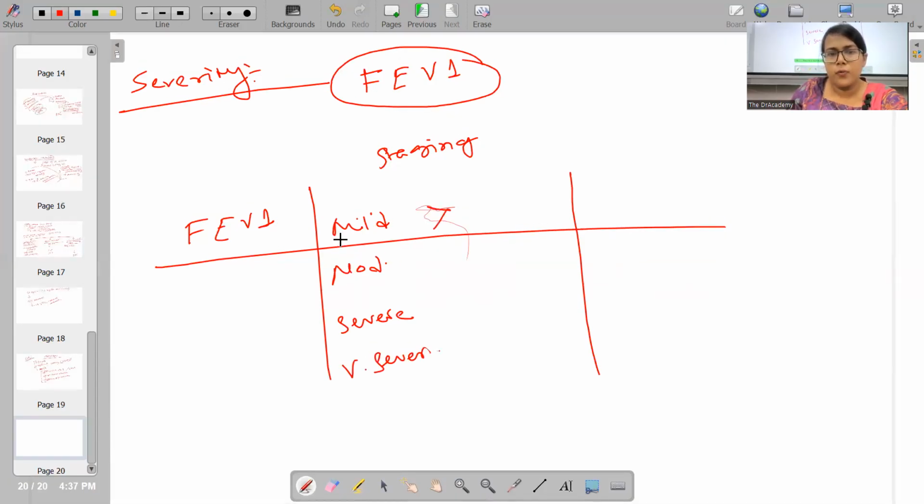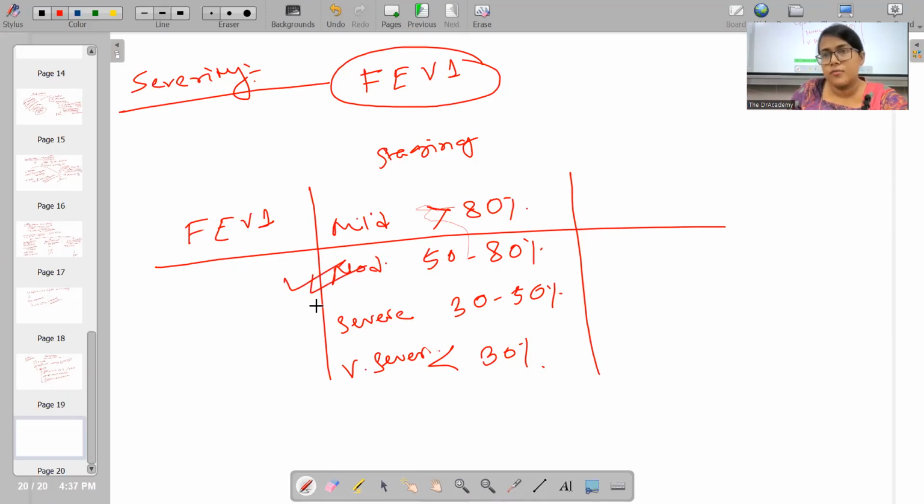Mild is when the FEV1 is more than 80% of the predicted value. Very severe is less than 30%. Severe is 30 to 50%, and moderate is 50 to 80%. And you can expect a lot of questions from the moderate section, moderate COPD, okay?